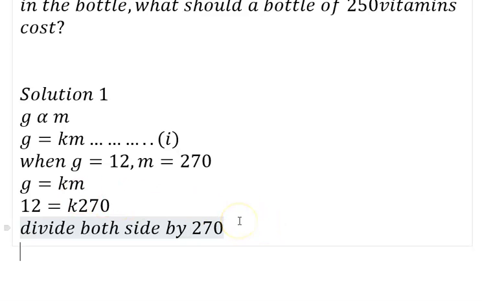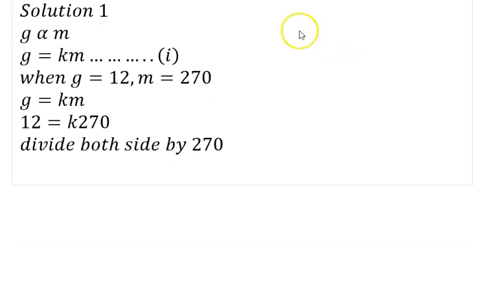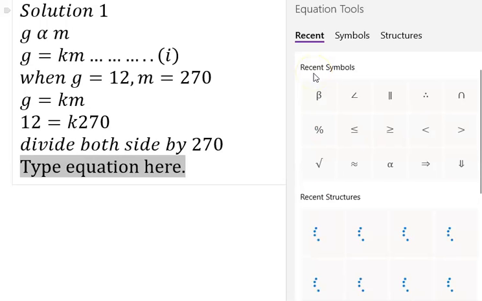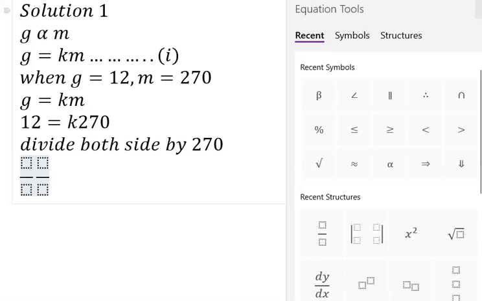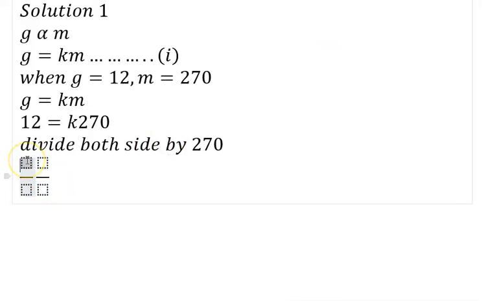Awesome. We actually want to get the value of our k first before we go ahead. So here we have 12, we are dividing by 270.